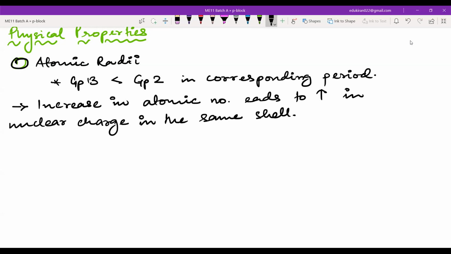We have already seen this happening. If we move along a period, we will have a decrease in the atomic radius. Right, next point.